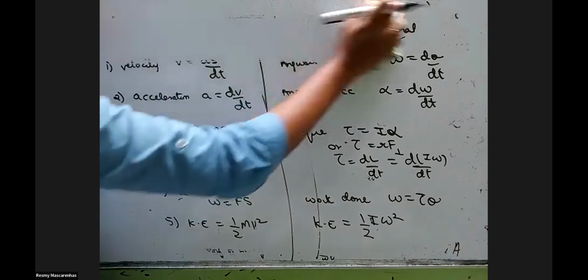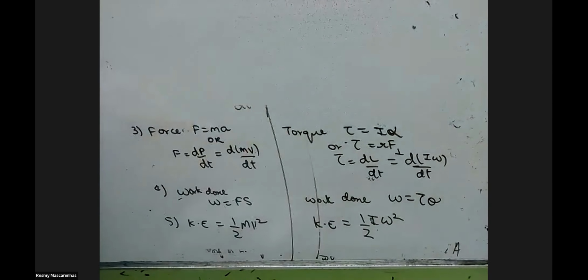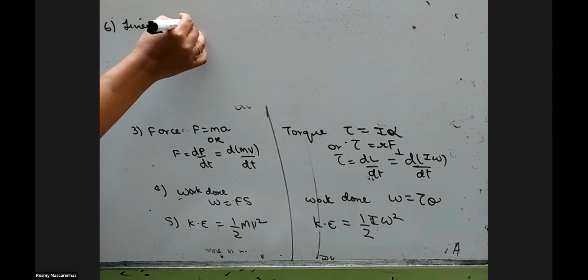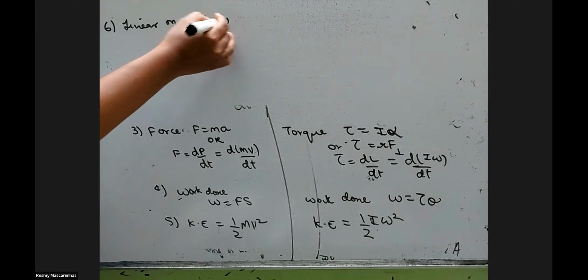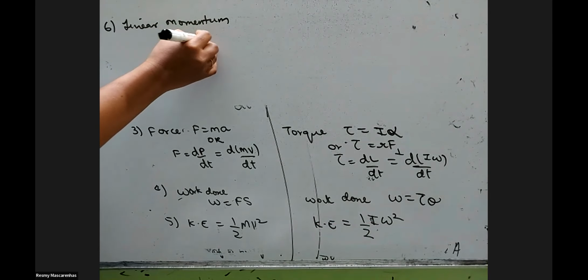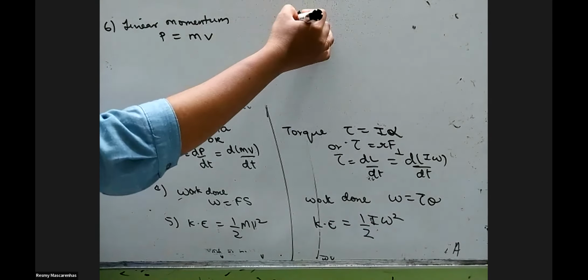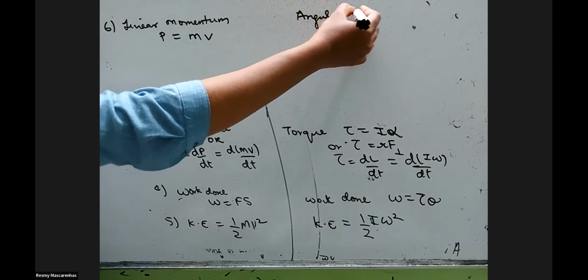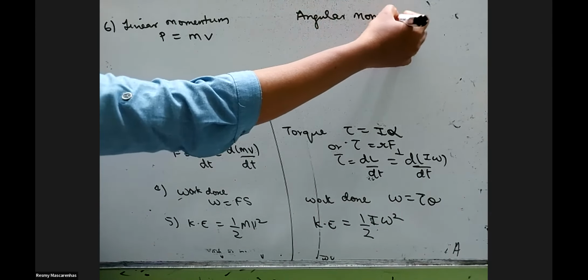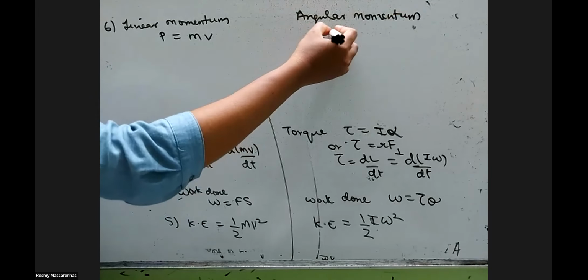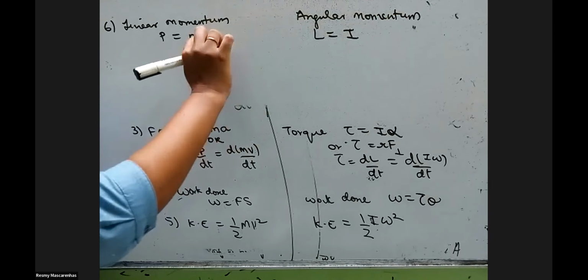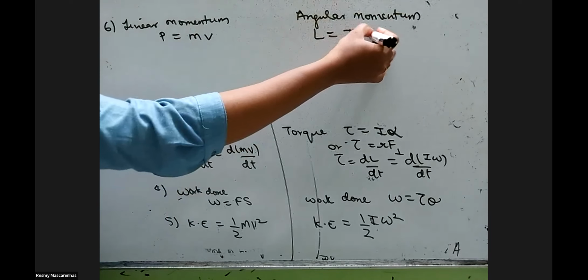This is linear momentum. This is called angular momentum here. Instead of m it is I, instead of v it is omega.